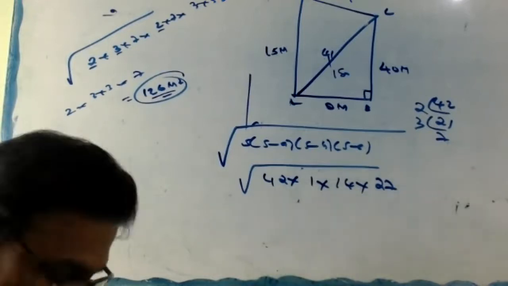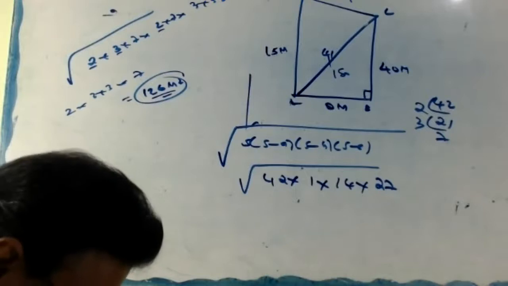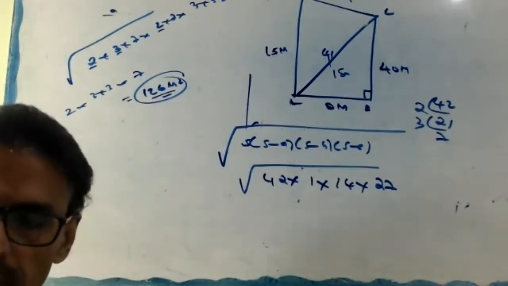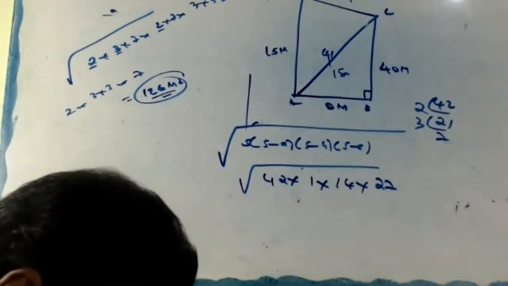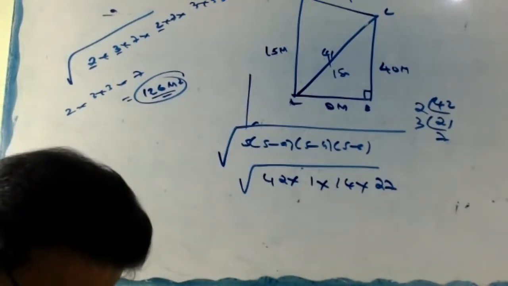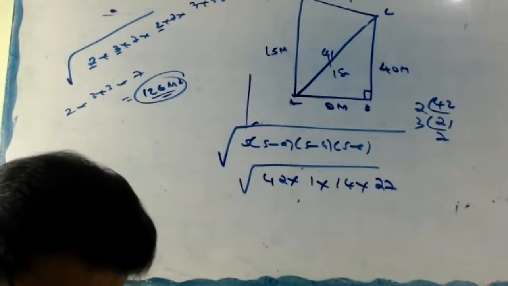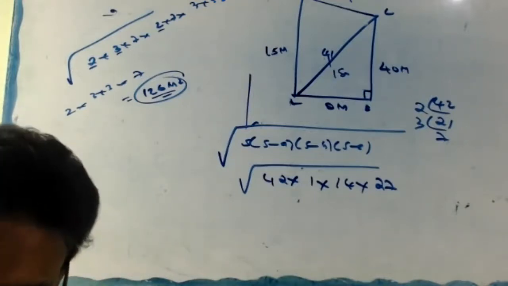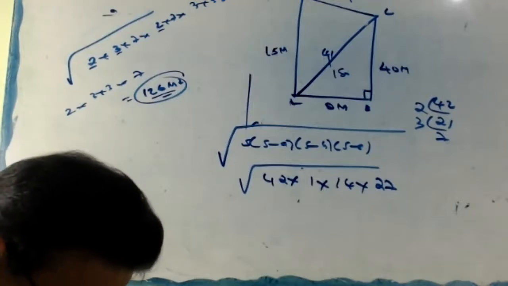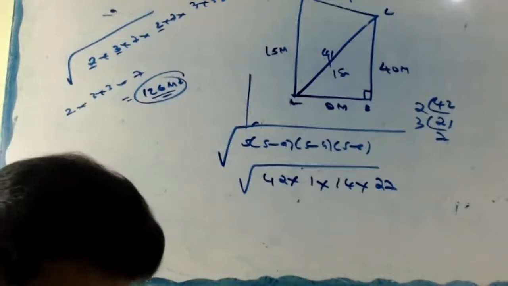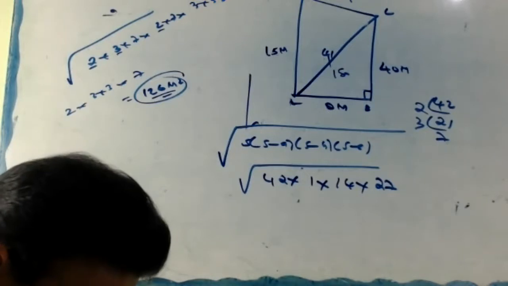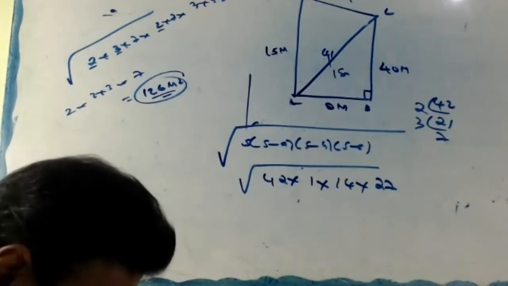Okay, listen here. The sides of a quadrilateral taken in order are 5, 12, 14, and 15 meters respectively.